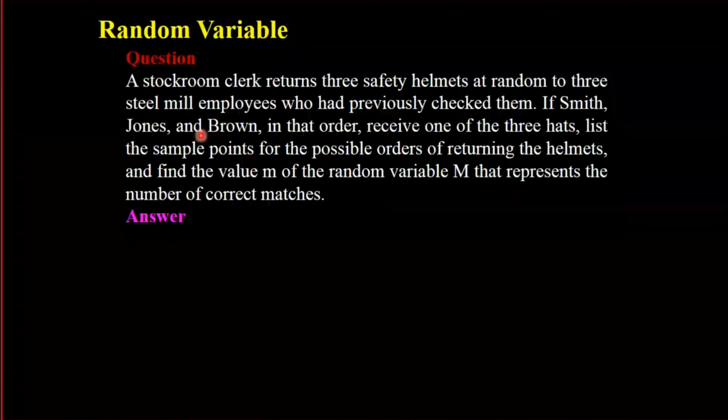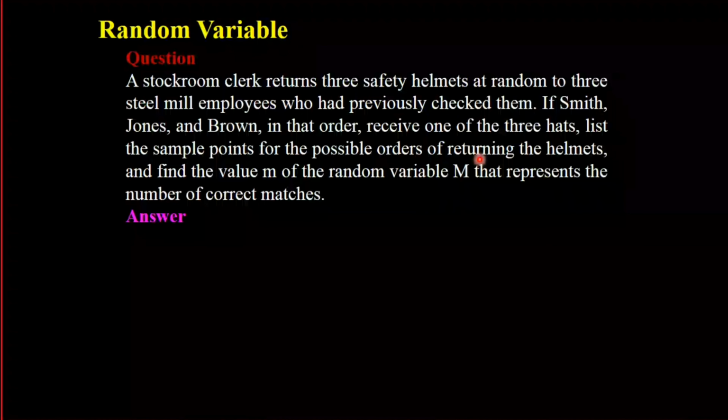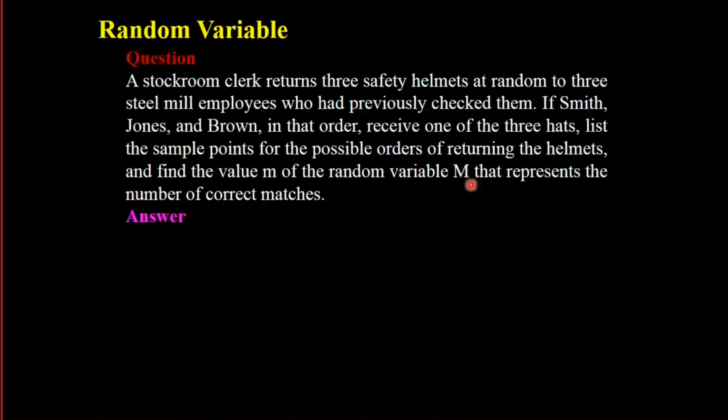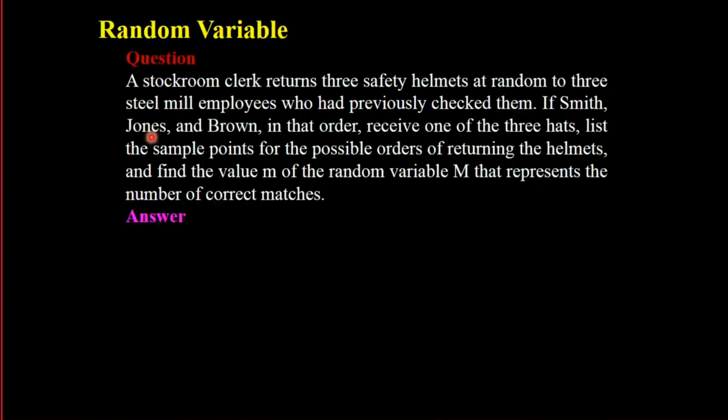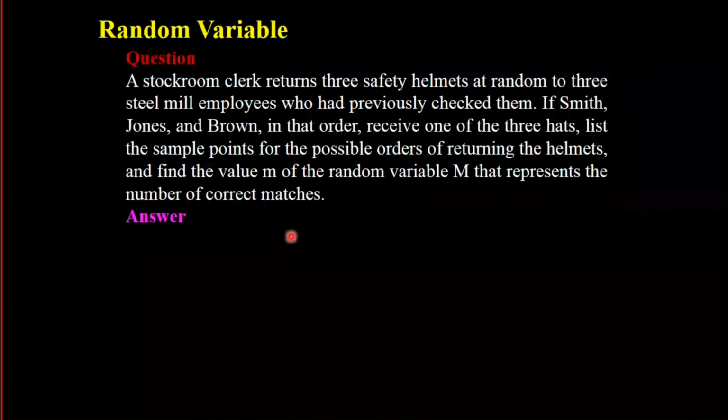If Smith, Jones and Brown in that order receive one of the 3 hats, list the sample points for the possible orders of returning the helmets and find the value m of the random variable capital M. Okay, we have to find out the real number R. What we will assign represents the number of correct matches. Correct match, you see, Smith, Jones, Brown, this is the order we have to match. How to do that?